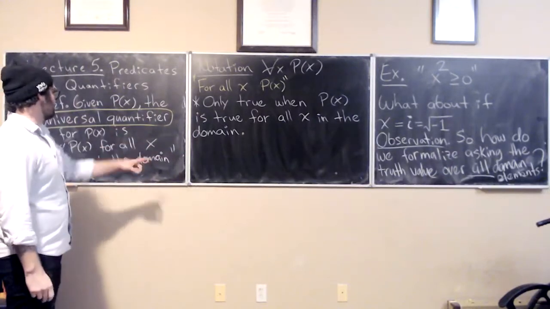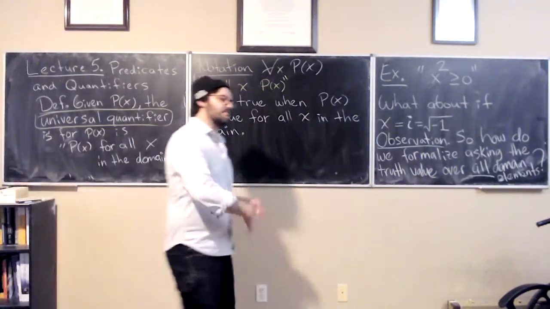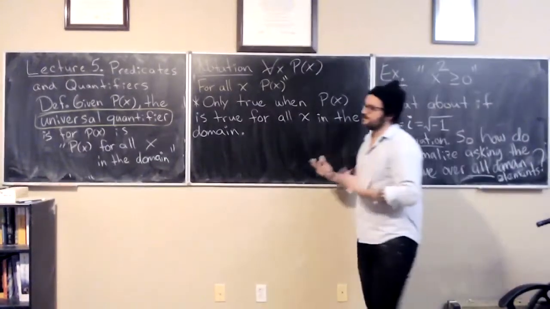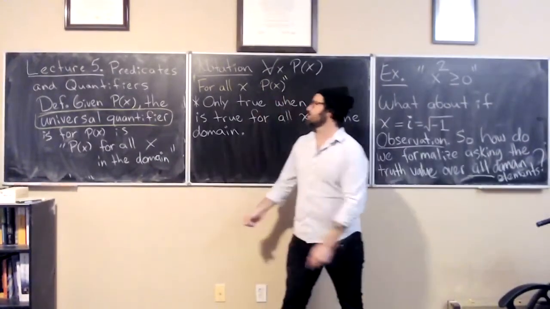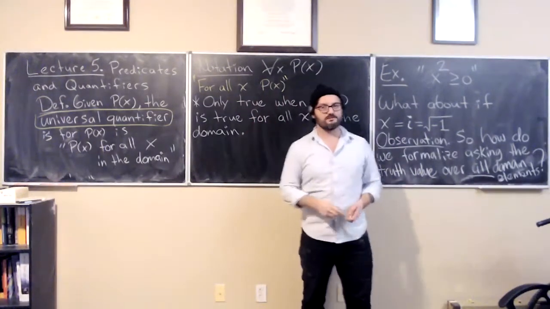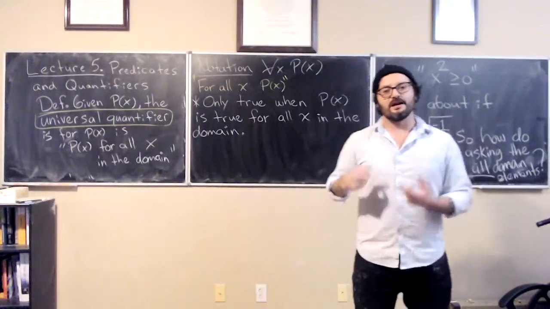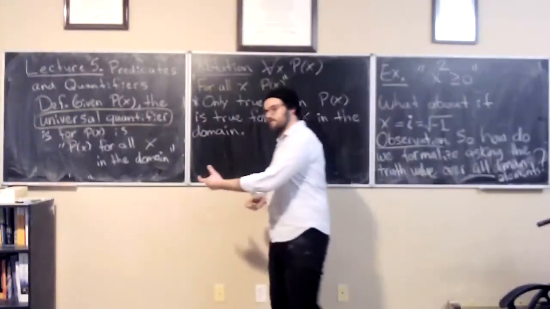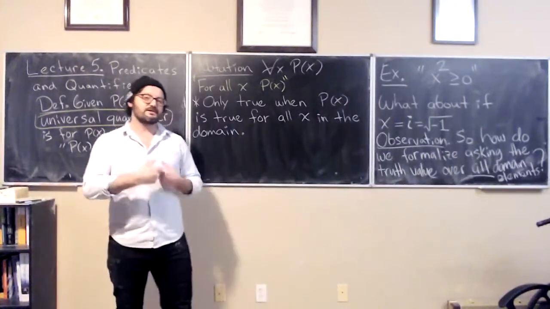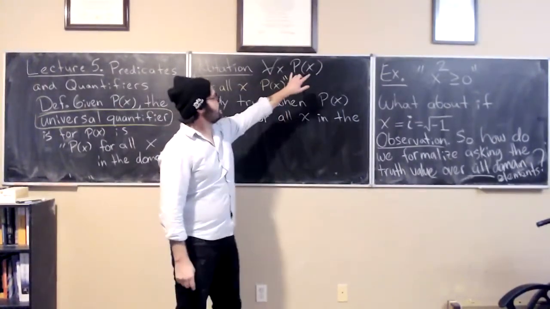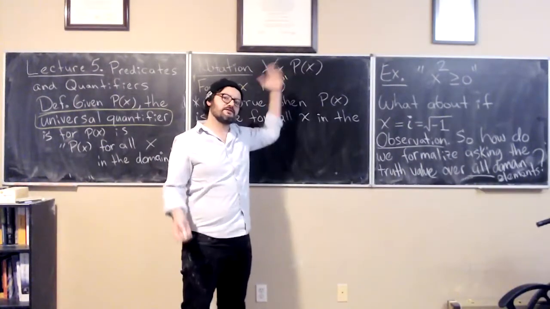P of x for all x in the domain, which is saying true for all x in the domain. But you'll very rarely hear me say that. You'll hear me say for all x some condition. And the condition is provided by the propositional function. And as I mentioned earlier, propositional functions consist of a variable and a predicate. The predicate is like the condition. So it's saying for every single x in the domain, is this true?